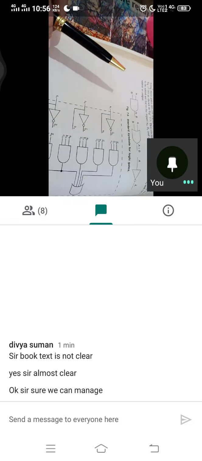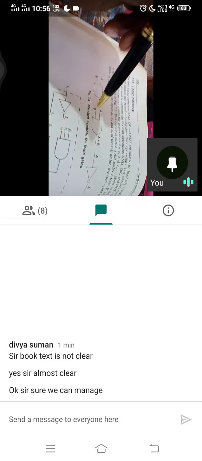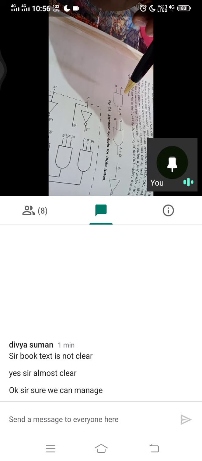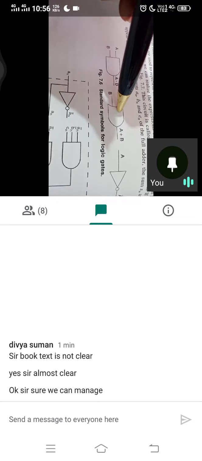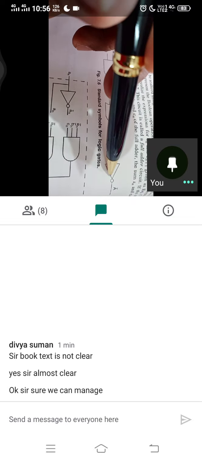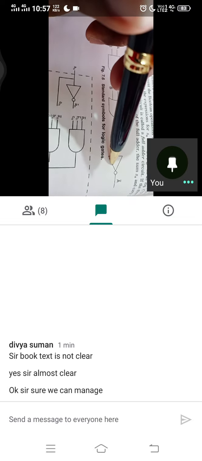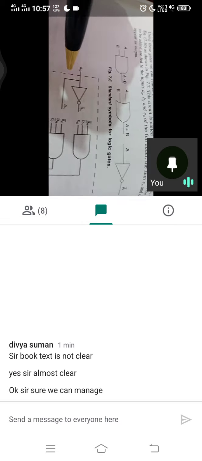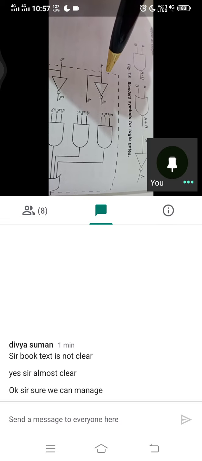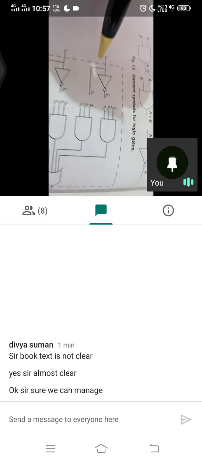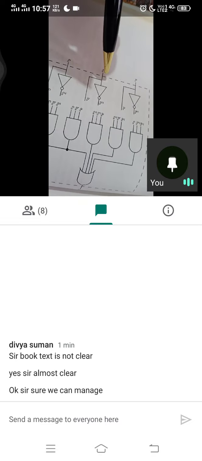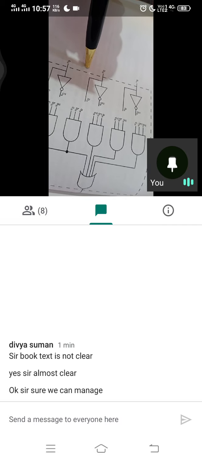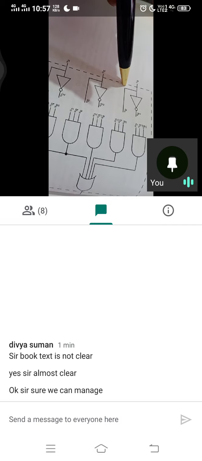Let's just have a look at the adder. Very simple. We use three gates to implement this: the AND gate, the OR gate and the NOT gate. And we have A, B and C. These three signals are there, three inputs. And obviously we have to have A and A bar both.